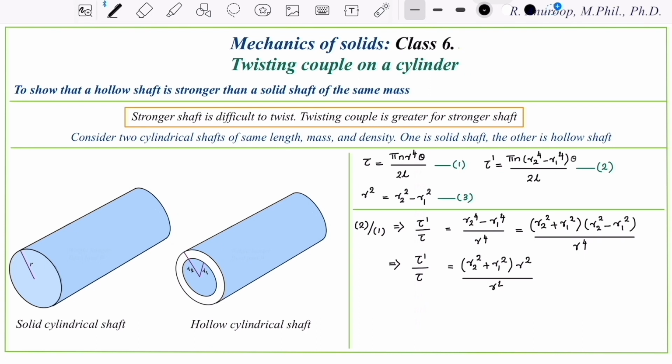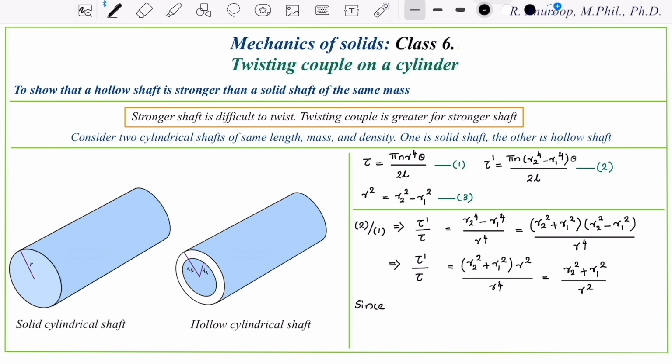Now this is equal to r2 square plus r1 square divided by r square. From equation number 3, we have seen that r2 square minus r1 square is equal to r square.